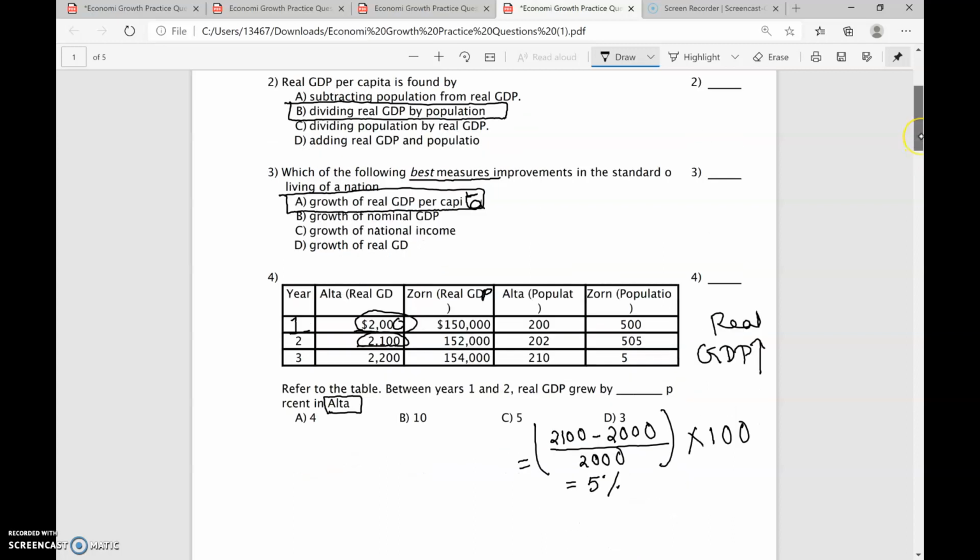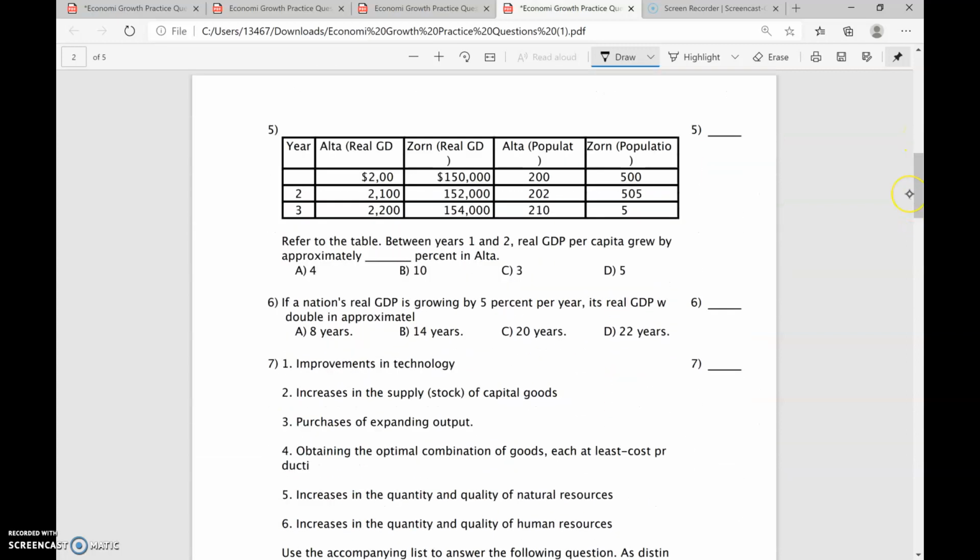Now I'm going to go to the next problem here. It's asking me between years 1 and 2, real GDP per capita grew by approximately how much in the economy of Alta. So it's asking for real GDP per capita, which is the real GDP over population.